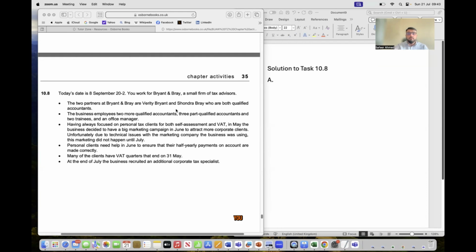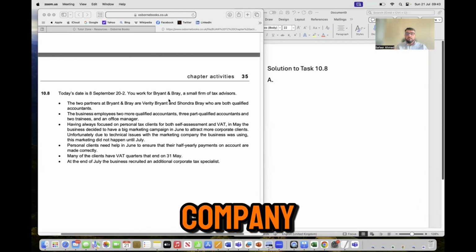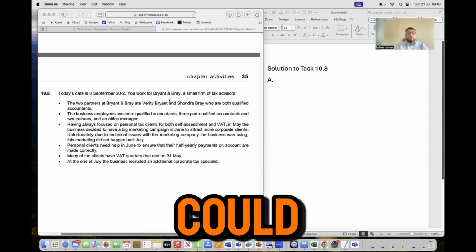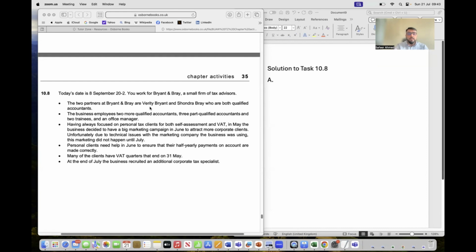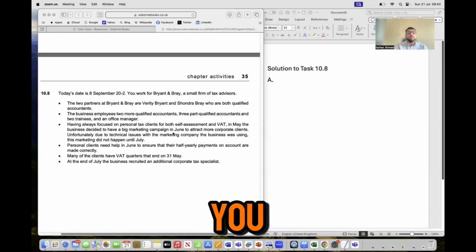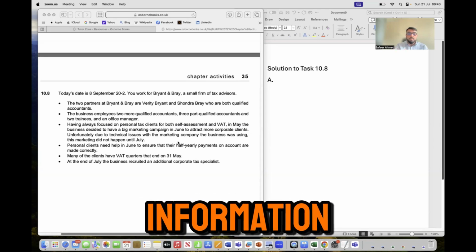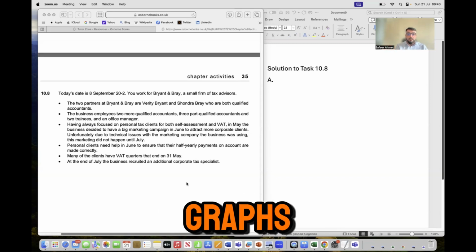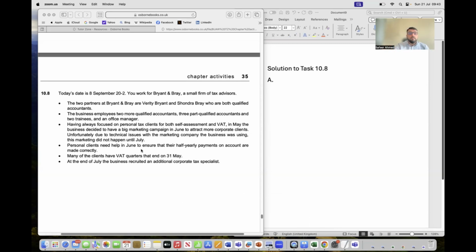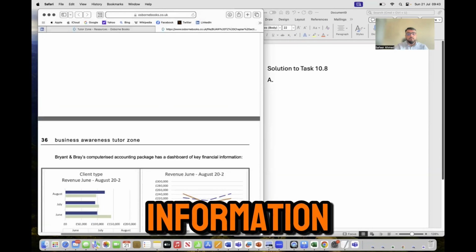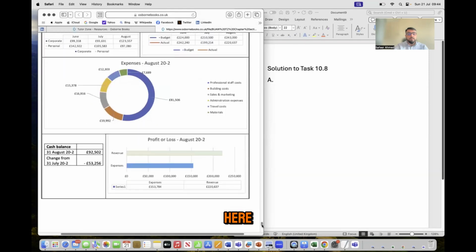They will give you information about the company or the business, which could be a partnership or a sole trader, and some important information that you need to take into consideration when analyzing the other data in the form of graphs or tables. If I scroll down, you will be able to see the graphs and the tables, the information given to you, as you can see here.